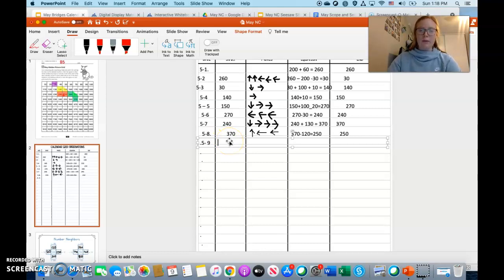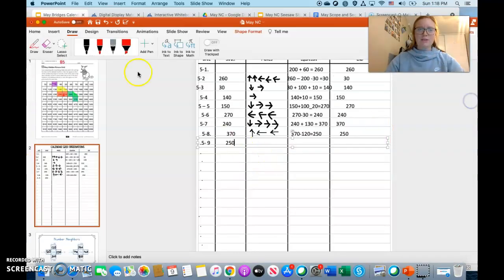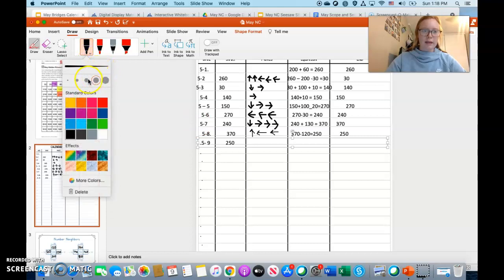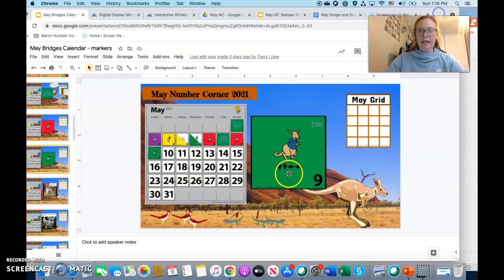And remember, we left off on 250. Now, I have to remember, 2 down and 2 to the right. Let me make this a little smaller. 2 down, 1, 2, and 2 to the right, 1 and 2. And I'm going to be coloring it in green.